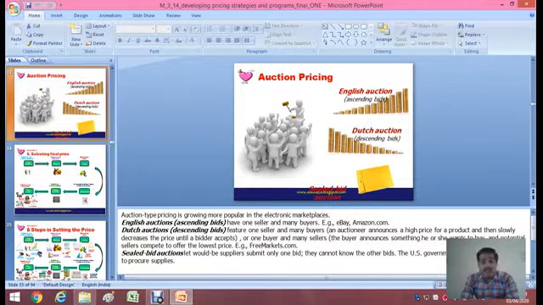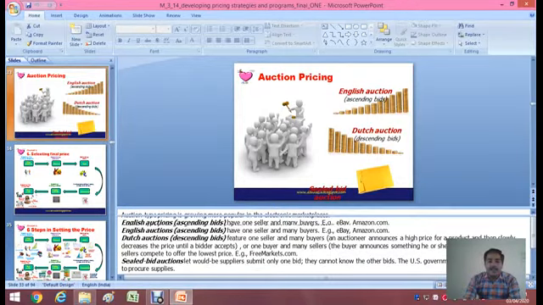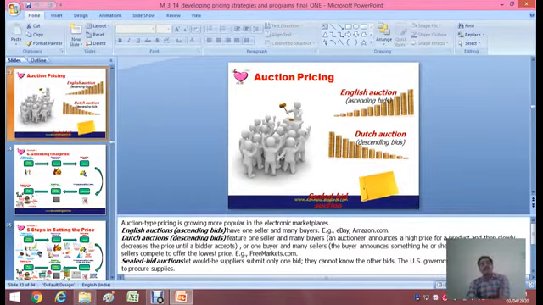The US government often uses this method to procure supplies. For availing particular types of supplies, the US government follows this auction pricing method, the sealed bid auction. I think you have got a clear concept about this.